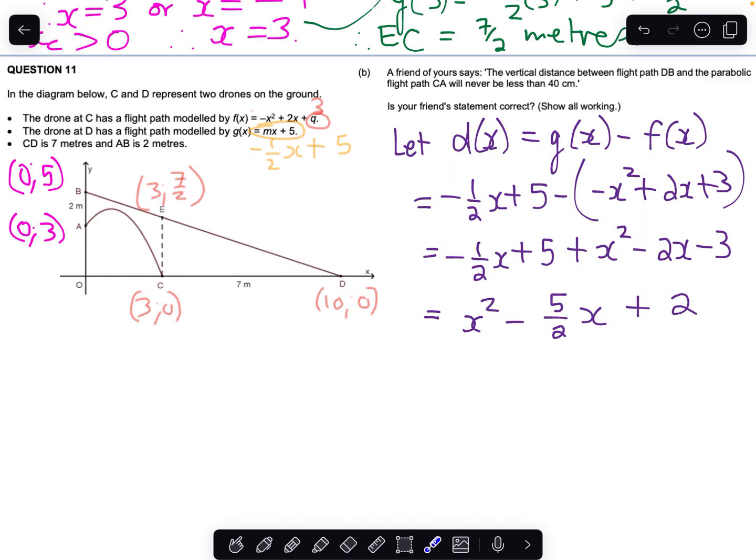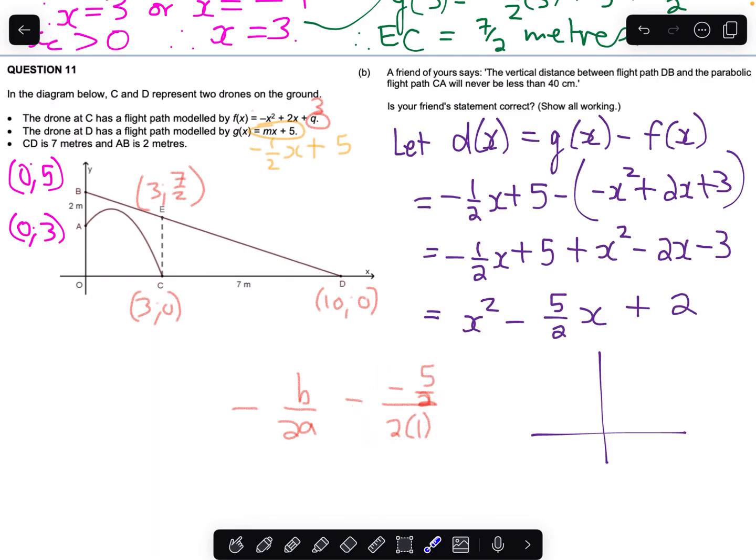Right, so this is a parabola. Let me just quickly see where the turning point will be. It'll be minus b over 2a, so minus minus 5 over 2, over 2 times 1, so it's going to end up being a positive number.